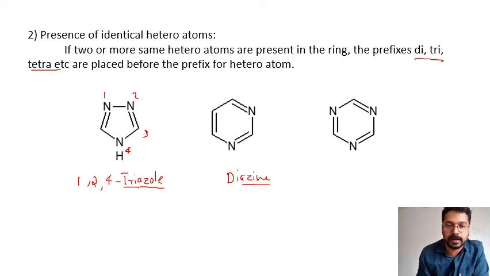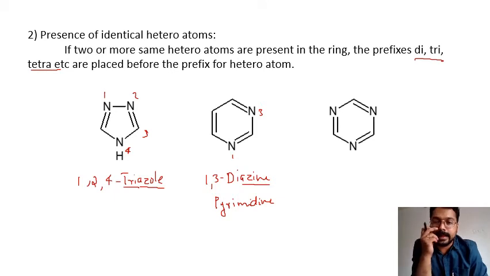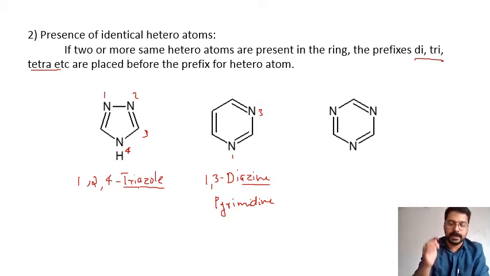So it is 1, 2, 3. So it is 1,3 diazine. Actually, the common name is accepted for this compound, that is pyrimidine. So pyrimidine with numbering, I can say it is 1,3 diazine.